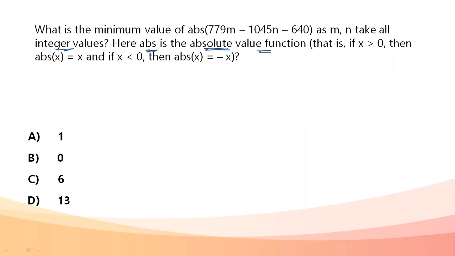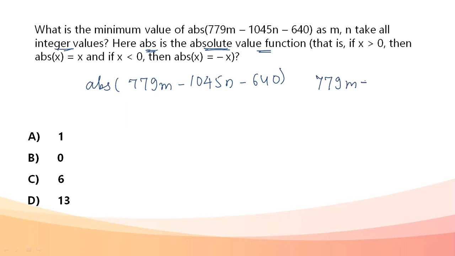Now the absolute value of 779m minus 1045n minus 640 will give me the minimum value when 779m minus 1045n is closest to 640. When this value is closest to 640, that is when this whole absolute function will give the minimum value. So this is from where we're going to begin.